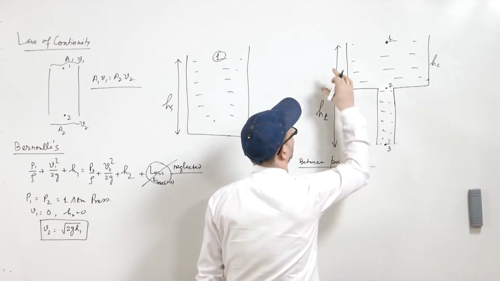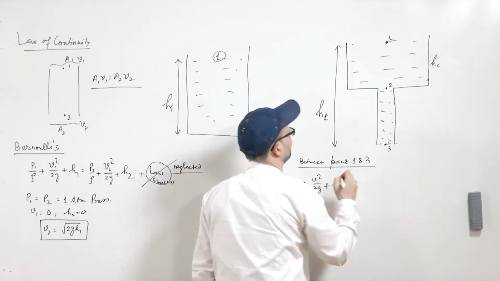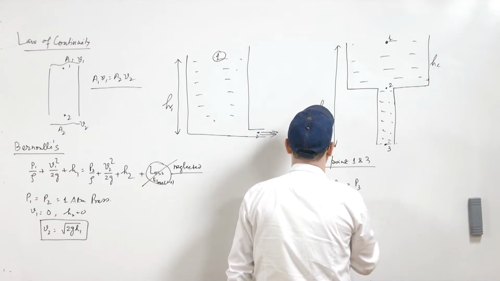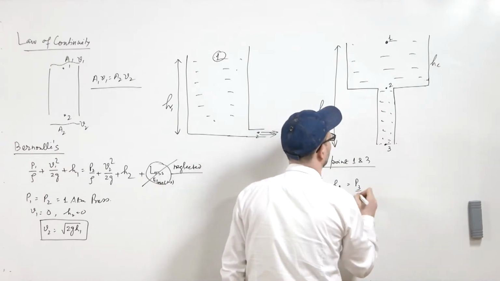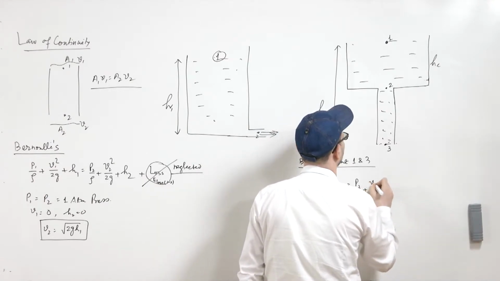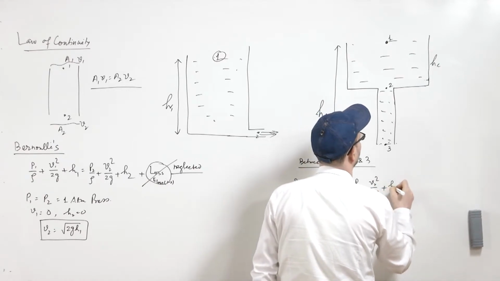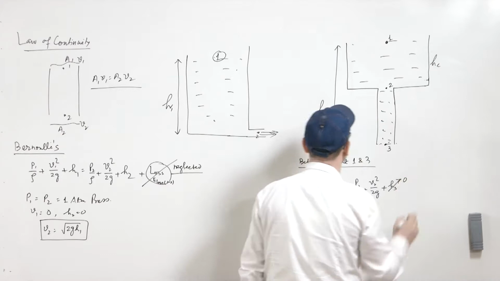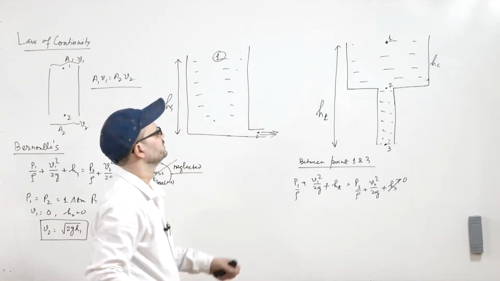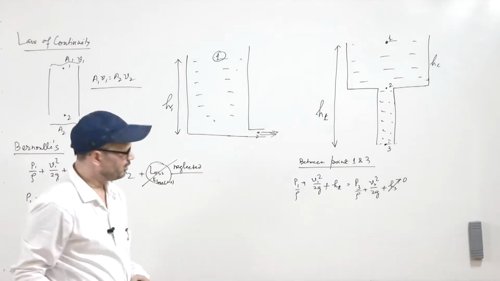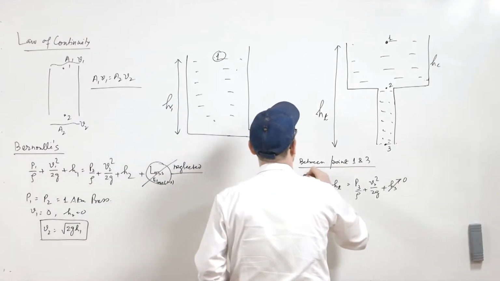H1 is nothing but HT, and that will be equal to P3 by rho plus V3 square by 2g plus H3, which is 0. Since point 1 is open to atmosphere and point 3, from where the liquid metal is flowing, is also open to atmosphere, the pressure terms are cancelled.